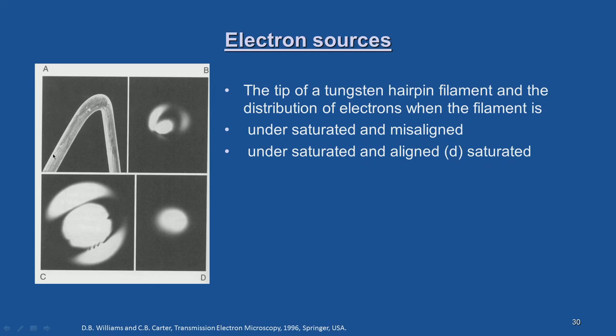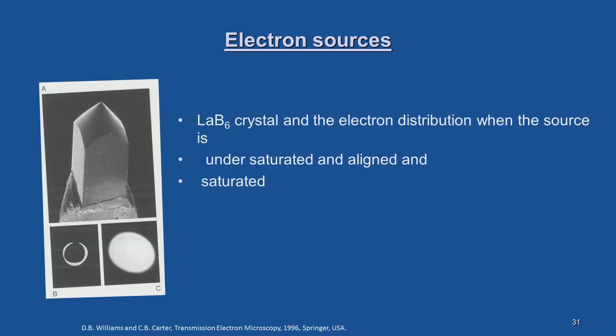So, this is one of the thermionic sources, and these images are at different conditions. You will understand all this when we go to the operation of the microscope, especially in transmission mode. This is just for an introduction.